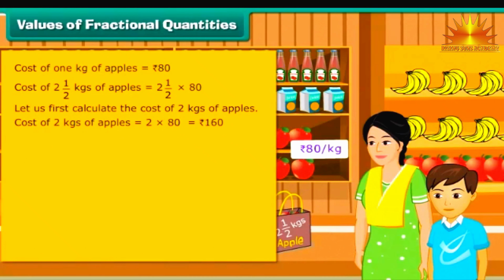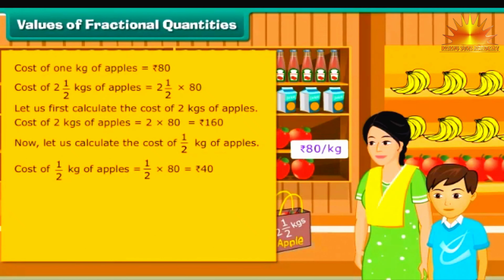Let us first calculate the cost of 2 kgs of apples. Cost of 2 kgs of apples is equal to 2 multiplied by 80, which is equal to Rs 160. Now, let us calculate the cost of half kg of apples. Cost of half kg of apples is equal to 1 by 2 multiplied by 80, which is equal to Rs 40.